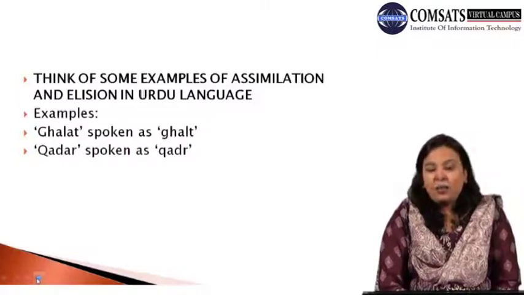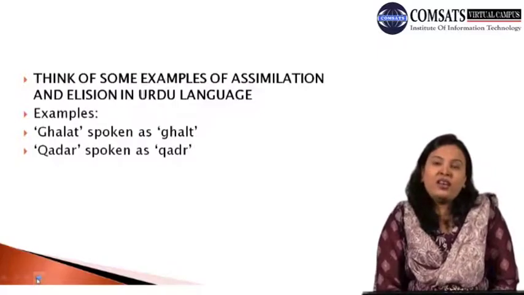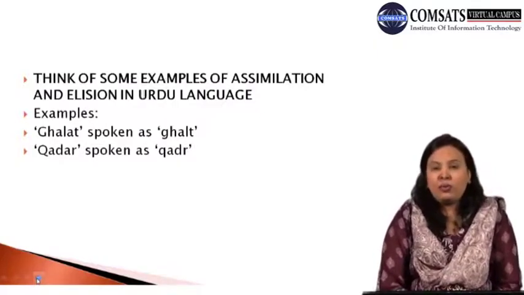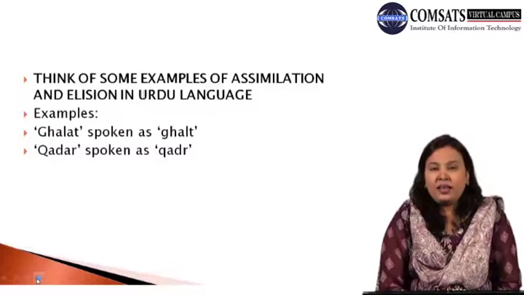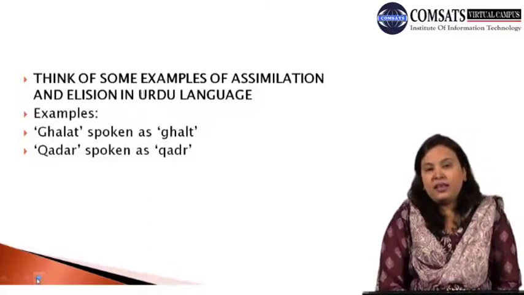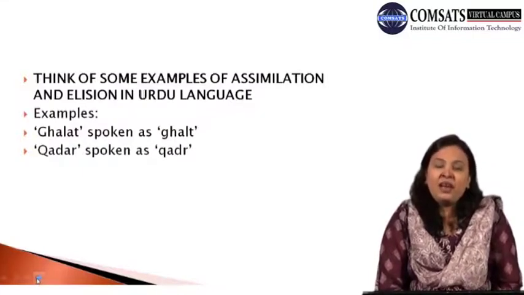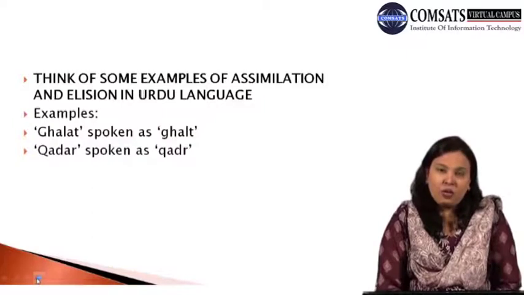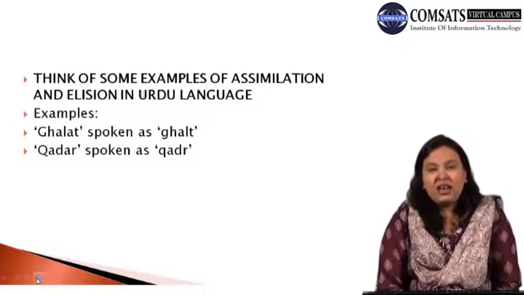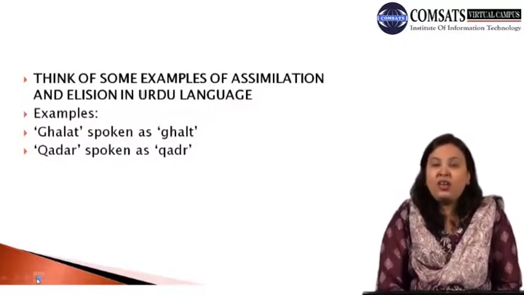The word is galat, but we are habituated to pronounce it differently. Similarly, qadar: we speak it like qadr, because we assimilate and omit sounds. So elision and assimilation are not particular to any fixed language.